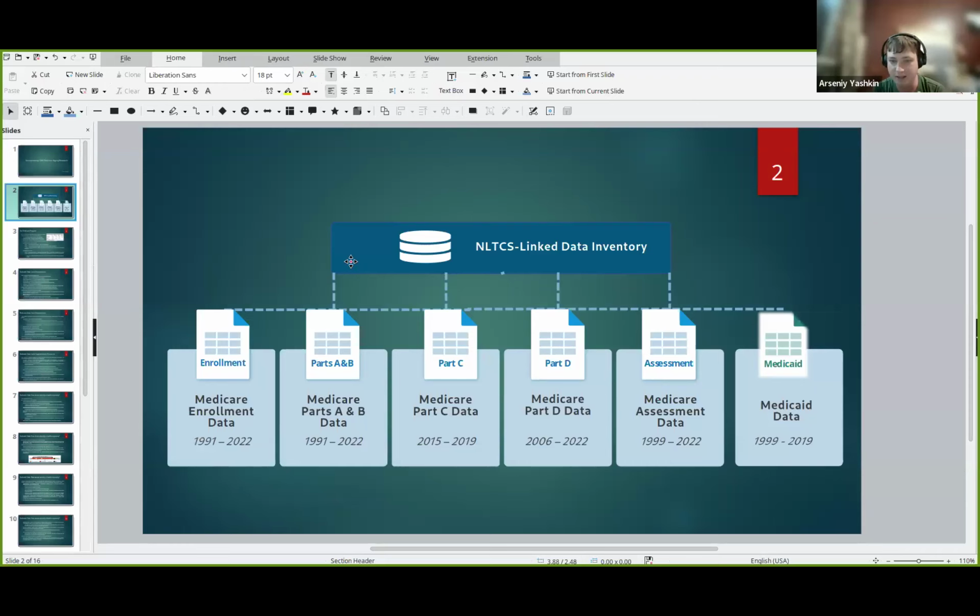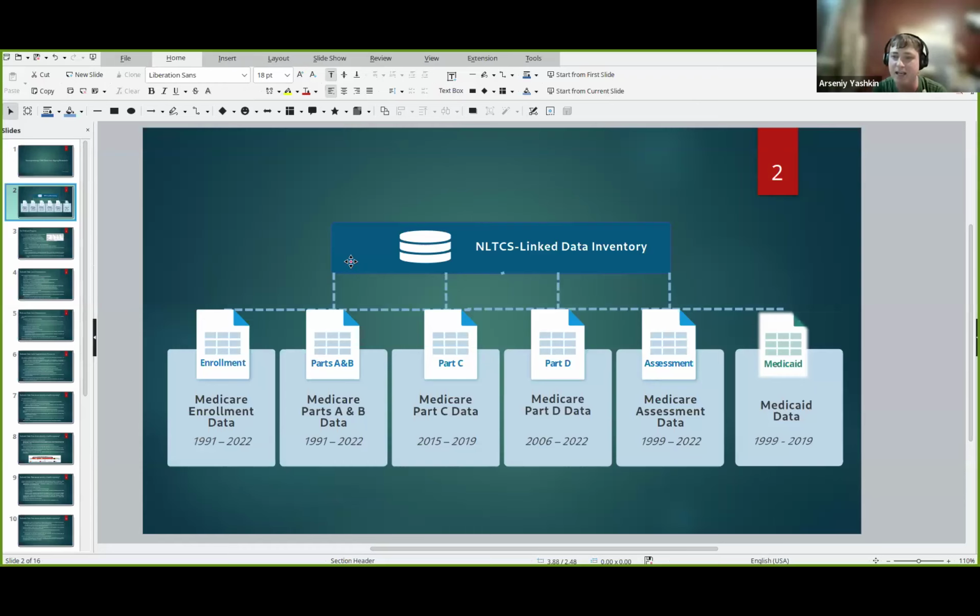In the later years, especially in the late 20-teens, this becomes a very important part of the population, and not using this data may introduce some problems into your health trajectories.